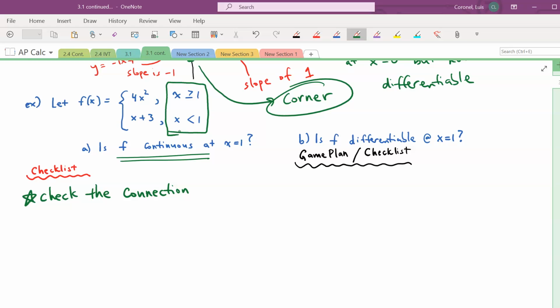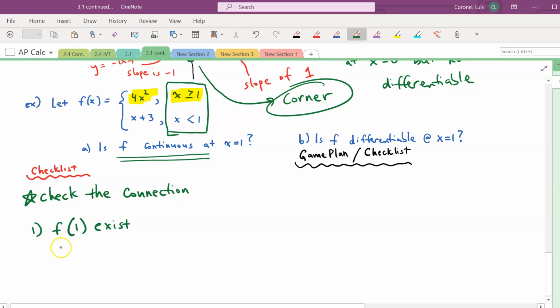To determine if a function is continuous, there are 3 things that we have to do. Step 1, does the value exist at 1? Does f of 1 exist? Look at your piecewise function. The part that says x equals 1 is 4x squared. So you plug in 1 into 4x squared.